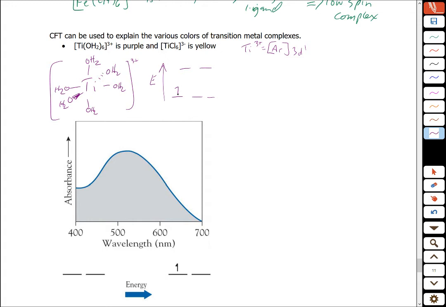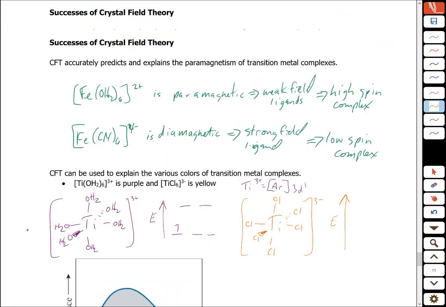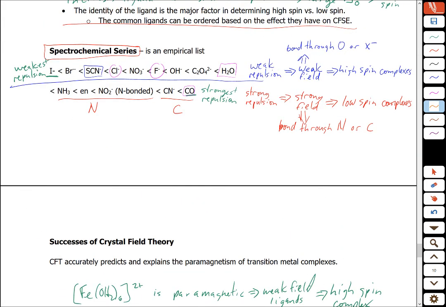Whereas hexachlorotitanate(III) is yellow. I don't have a good yellow pen, it would be too light to show up, so I'm going to do this in orange. Now, I told you on the exam I'm not going to expect you to know this, but because we saw the spectrochemical series above, you can see that chloride is a weaker ligand than water.